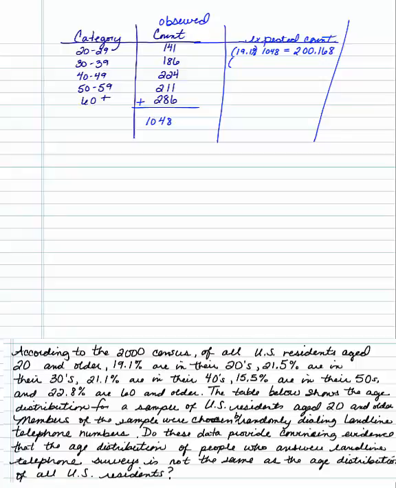People in their 30s, it was supposed to be 21.5. So 0.215 times 1048 is 225.32. In their 40s is supposed to be 21.1, which gives 221.128. In their 50s, it looks like it is 15.5, which gives 162.44.